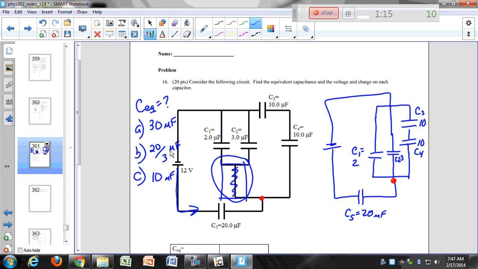To remind you, when you're finding the equivalent capacitance of capacitors in series, it looks like this: 1 over C plus 1 over C. That's for a series. If you finish that, go ahead and start finding the charges and voltages on all the capacitors.